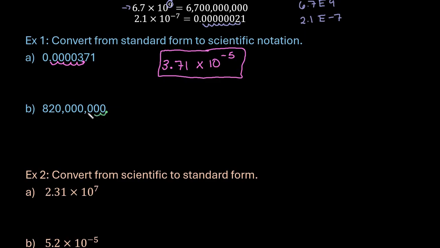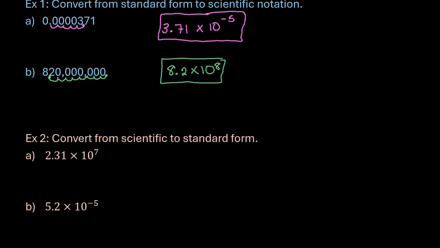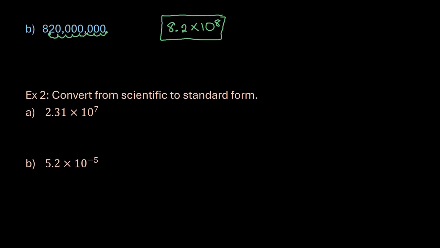So if I count, I have 1, 2, 3, 4, 5, 6, 7, 8 places that I moved it. So I would end up writing this as 8.2 times 10 to the 8th power. So I moved it 8 decimal places. So that's all you're doing with this, is counting how many times are you moving the decimal place.